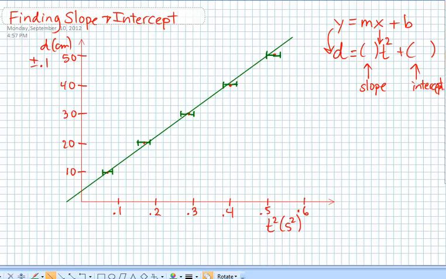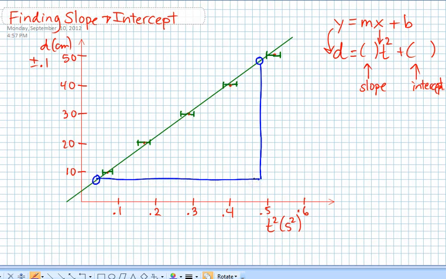Alright, once you have this, pick two places where this line seems to intersect the grid. And you'll notice that I have a much finer grid on this. Okay, so we are going to calculate the slope using these 2 points.